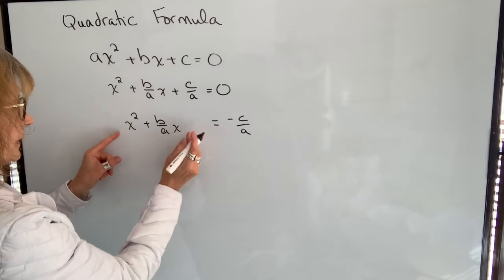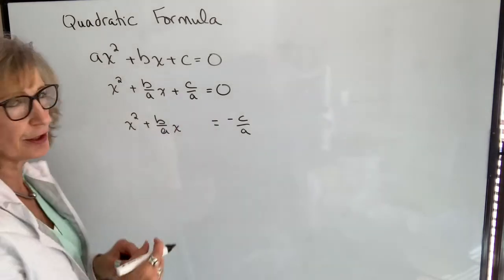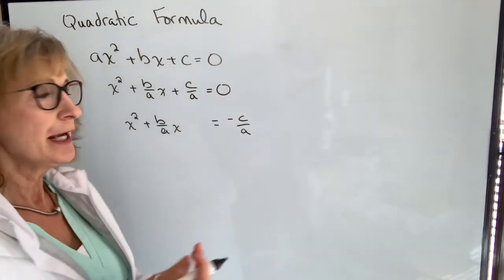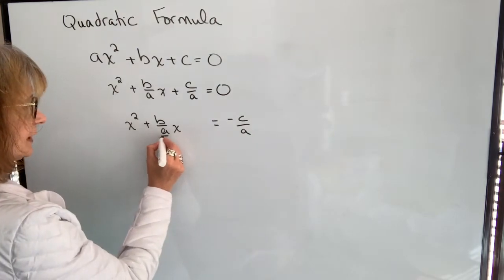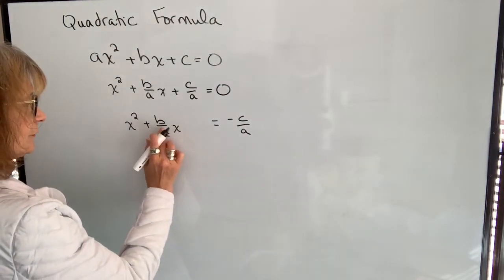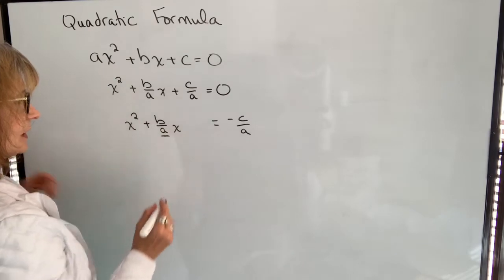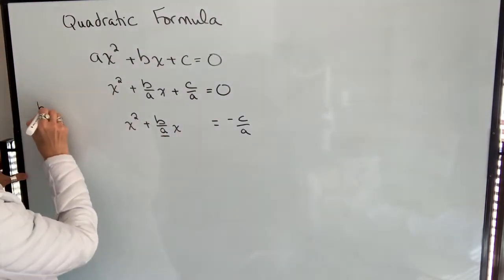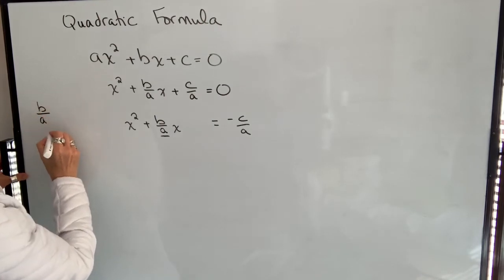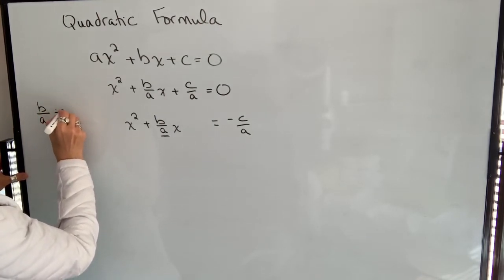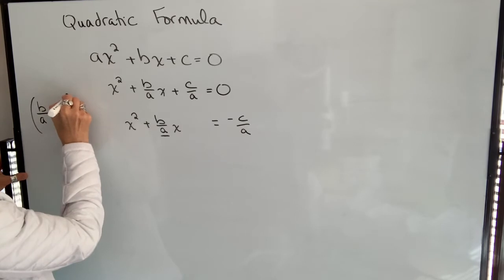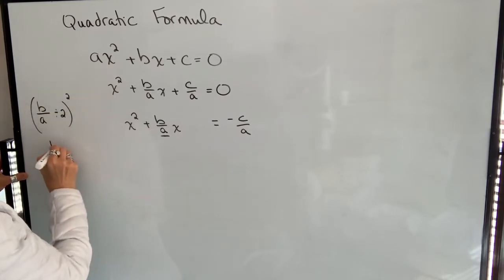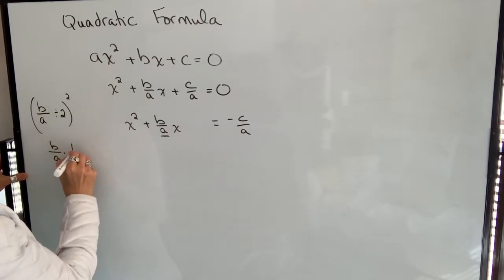Now I have an expression here that I want to turn into a perfect square, and my strategy for doing that was taking the coefficient for my x term, dividing by 2, and squaring it. So I'm going to take b over a, divide by 2, and then square it. When I divide by 2, that's like multiplying by 1/2.